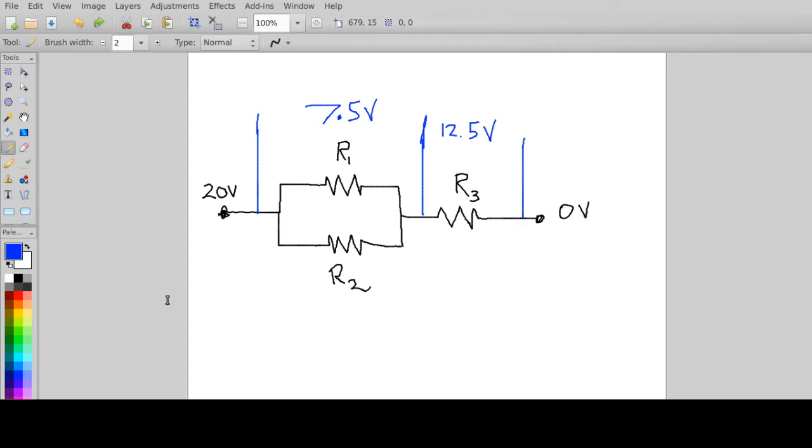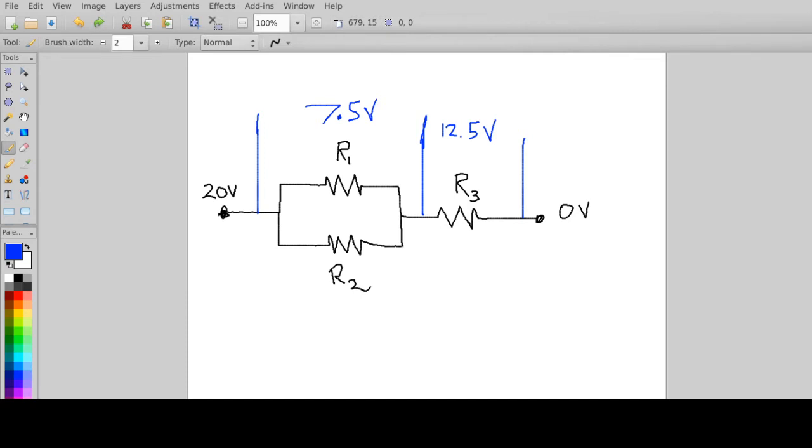The voltage drop across 3 was the current through 3 times the resistance of 3. Here, the voltage drop across 1, 2 is going to be the current through 1, 2 times the resistance 1, 2. Okay, so the current through 1, 2 was what? Well, the current through 1, 2, that's through both of them, is 0.1 amps. Don't think of that as the current through number 1 or the current through number 2. It's the current through both of them combined.